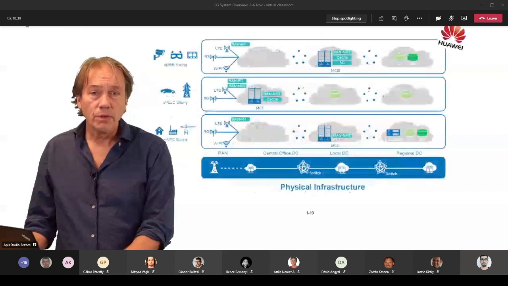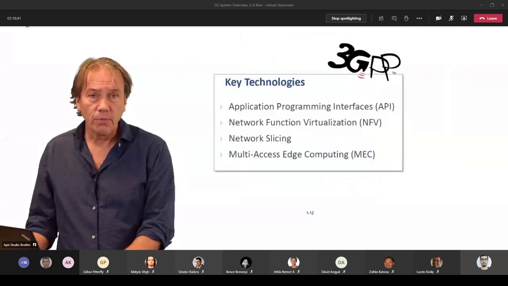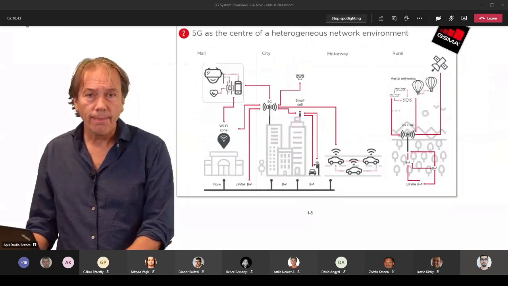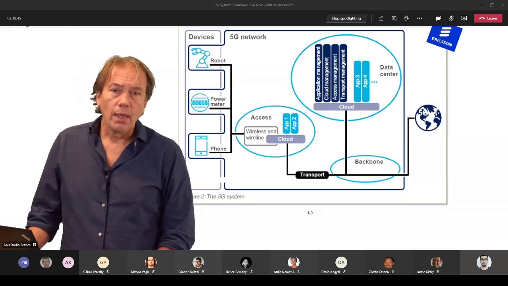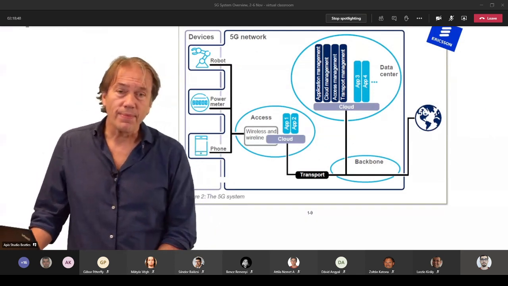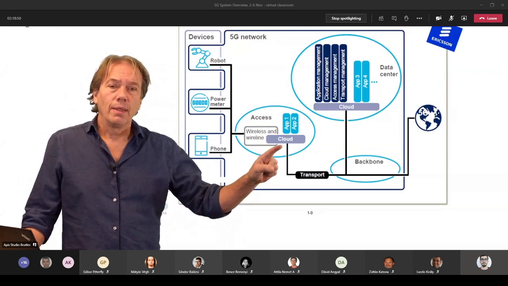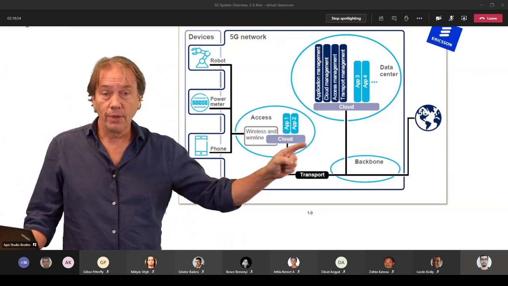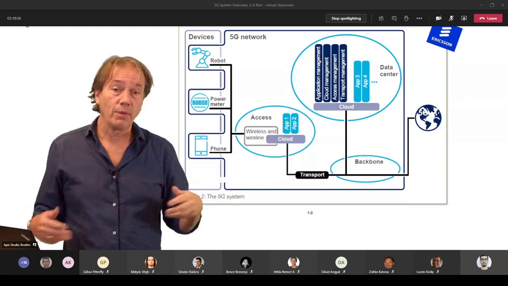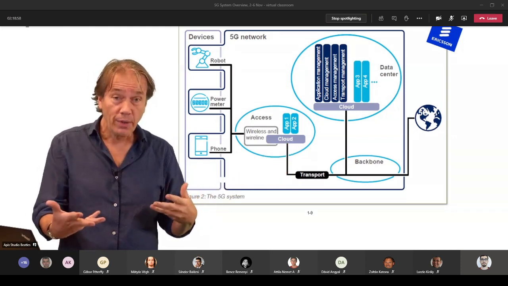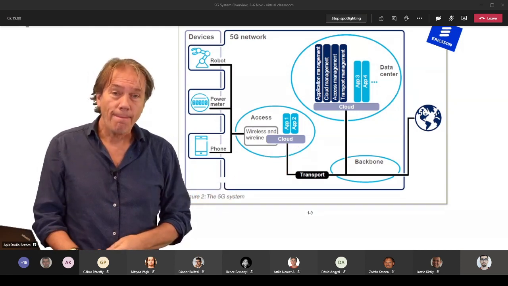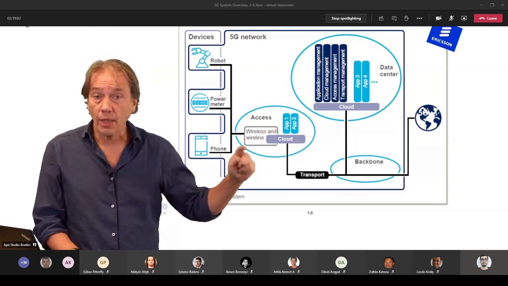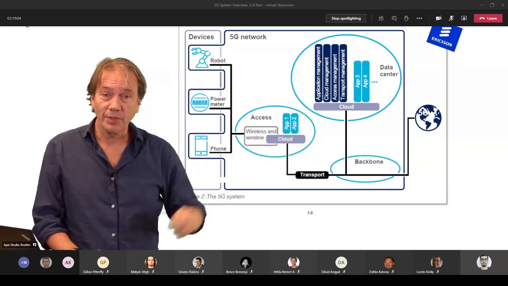I think also there was a nice Ericsson picture somewhere here. Yeah, that was the one. So applications deployed on I think what they call an edge cloud, physically in the access network.